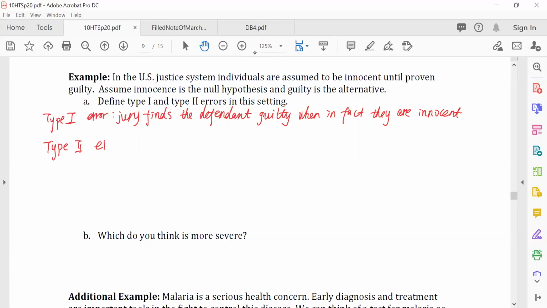Type 2 error, on the other hand, is when your H null is false. Actually, your defendants are not innocent, they are guilty, but the jury failed to find it out. They find the defendant not guilty when in fact they are. So they fail to detect that they are guilty. They made an error by setting the criminals free.